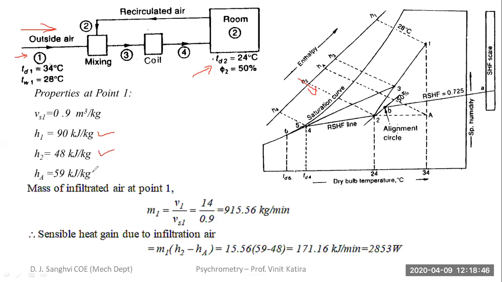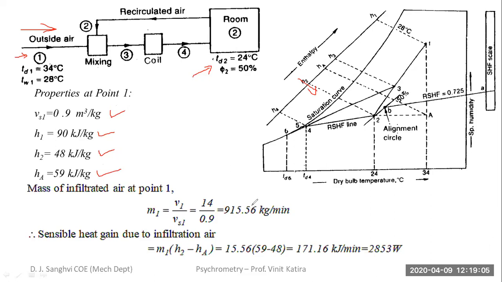HA is 60. V1 is point 0.9. Okay, HA, how much are you getting? 60. Okay, that's okay.